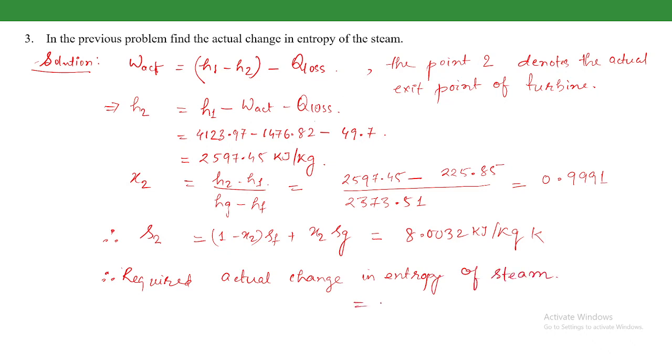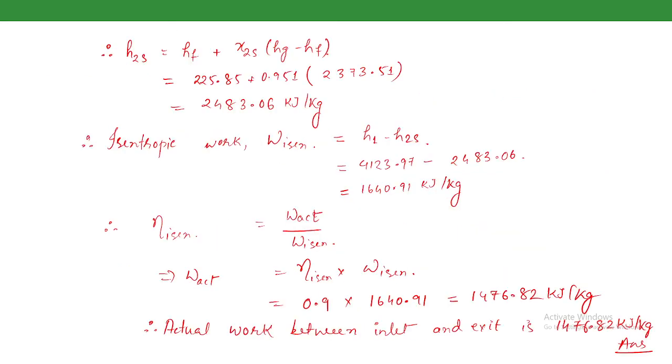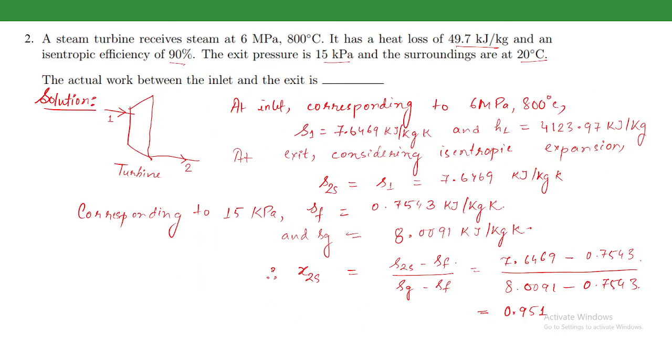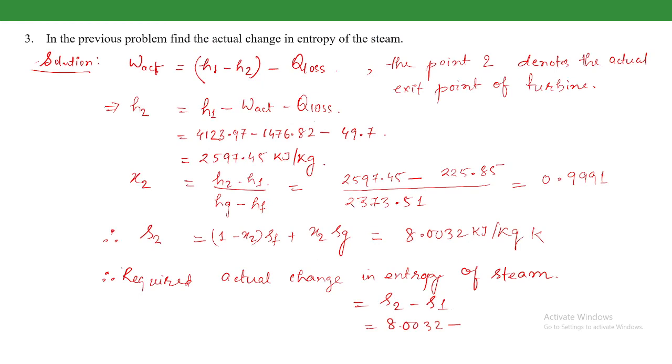This is equal to S2 minus S1, that is 8.0032 minus the initial entropy, which was 7.6469. So this value is 0.3563 kilojoule per kg Kelvin. Okay, so this is the answer.